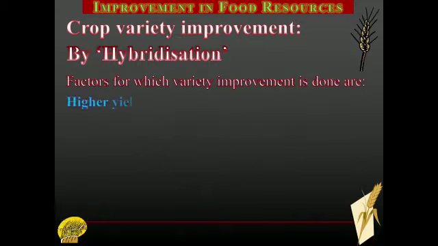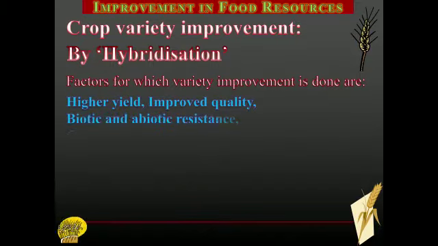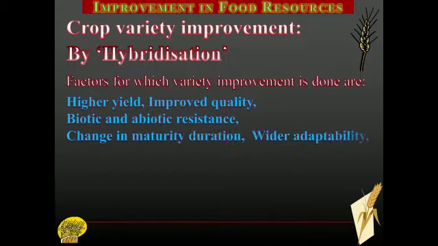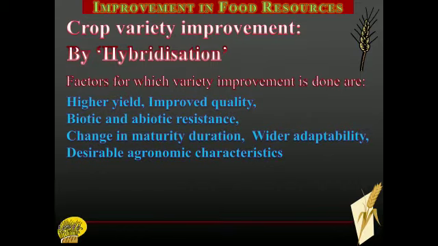It includes higher yield, improved quality, biotic and abiotic resistance, change in maturity duration, wider adaptability, and desirable agronomic traits. Now, what is higher yield? Higher yield generally means if a field can give us a crop of, let's say, 20 kg or 30 kg, then by using hybrid seeds, it will give seeds or crop of 50 kg or 60 kg.